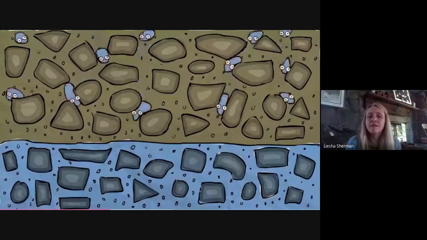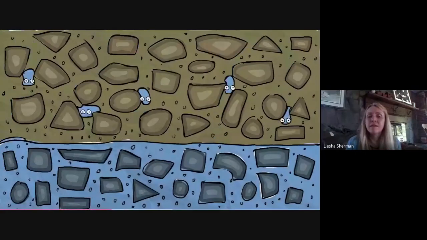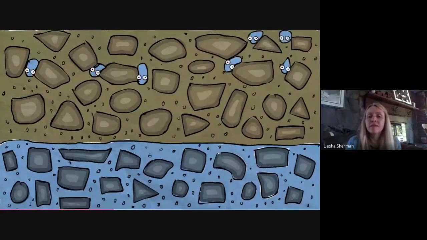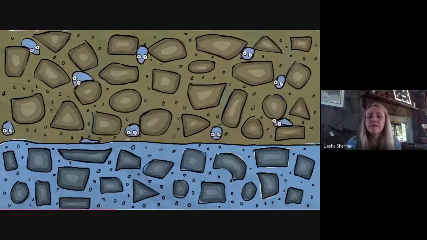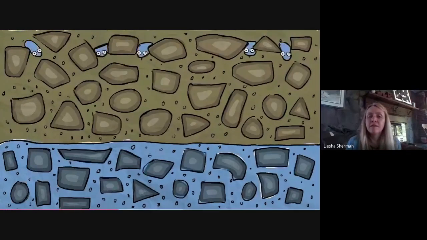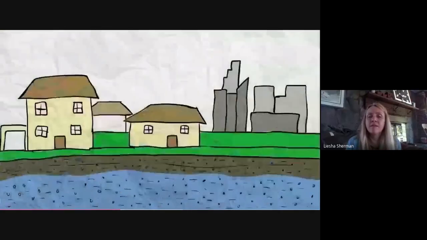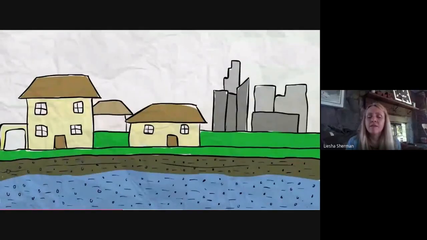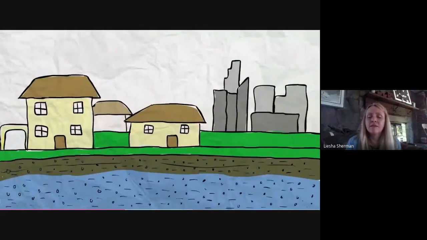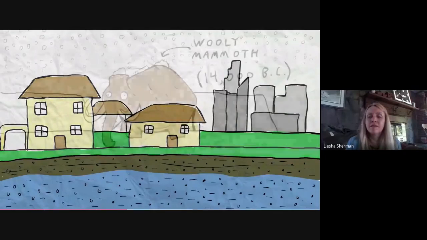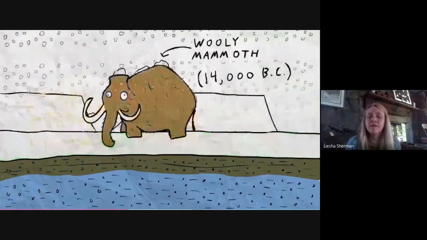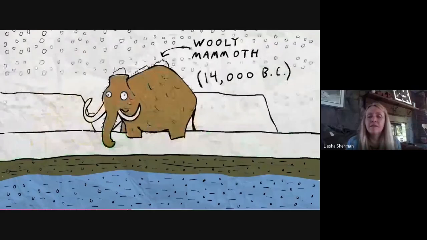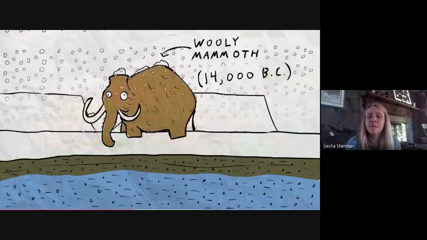Meanwhile, some of the lucky water droplets get to travel down through the surface deep underground until they reach the water table and become a part of an aquifer. Once water seeps down deep enough into the ground, it can stay there for a really long time. Some of the water stored in the deepest parts of aquifers has been there for thousands of years.